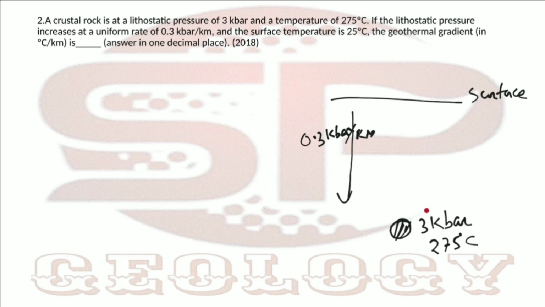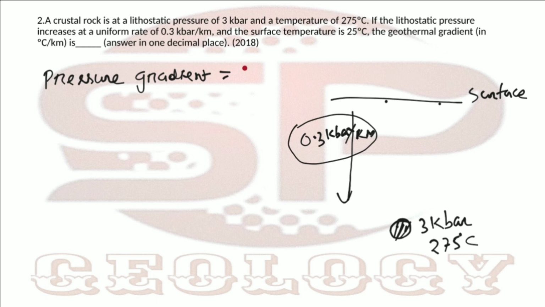Now from this we can calculate the depth. From the surface to this depth, it is expressing 3 kilobar, and the pressure gradient is given as 0.3 kilobar per kilometer. If it is increasing 0.3 kilobar per kilometer, then at what depth will it have 3 kilobar pressure?